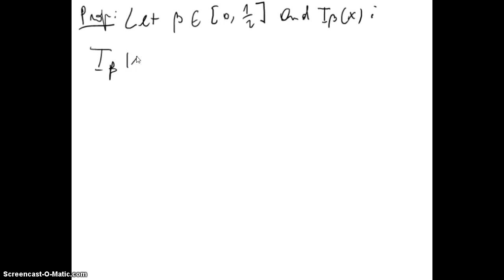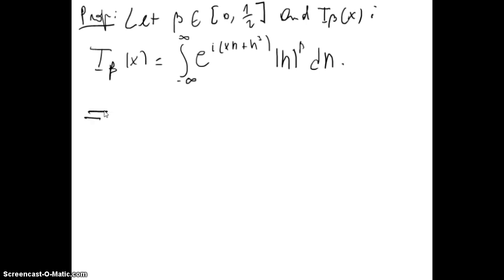I_beta(x) is equal to the integral from minus infinity to infinity of e^(i(x nu + nu^3)) absolute value of nu to the beta d nu. So we have that. Then I_beta will be in L infinity of R.